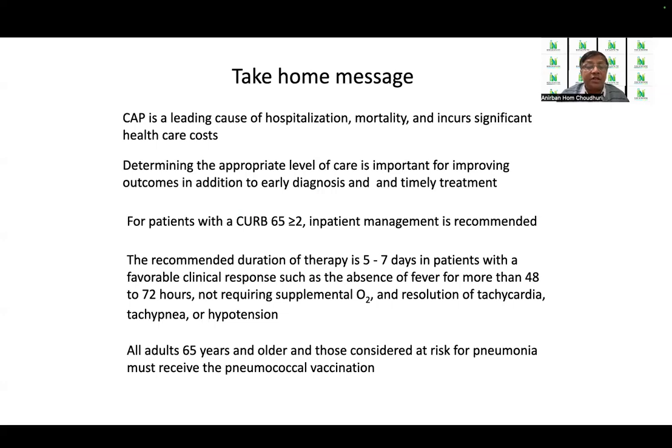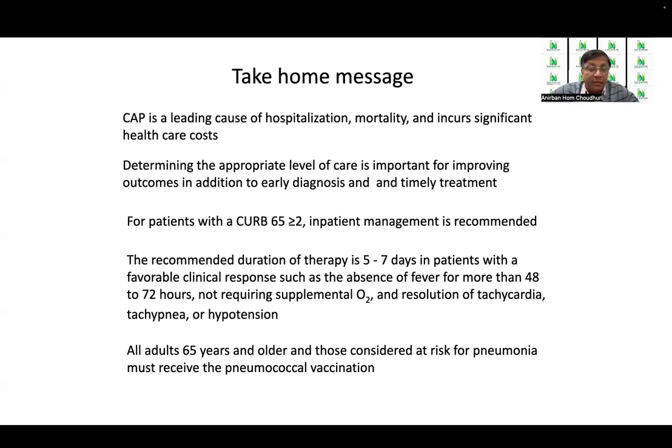The recommended duration of therapy is 5 to 7 days in patients with a favorable clinical response, such as absence of fever for more than 48 to 72 hours, not requiring supplemental oxygen, and resolution of tachycardia, tachypnea, and/or hypotension. All adults 65 years and older and those considered at risk for pneumonia must receive the pneumococcal vaccination.